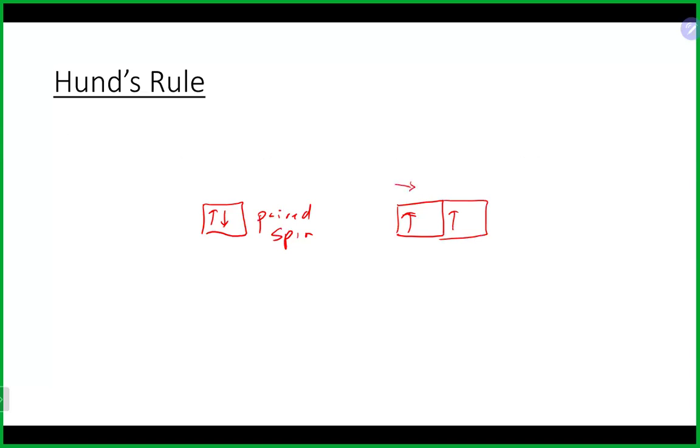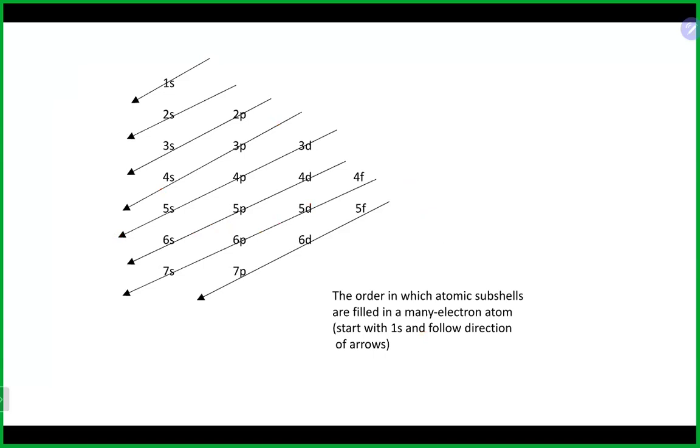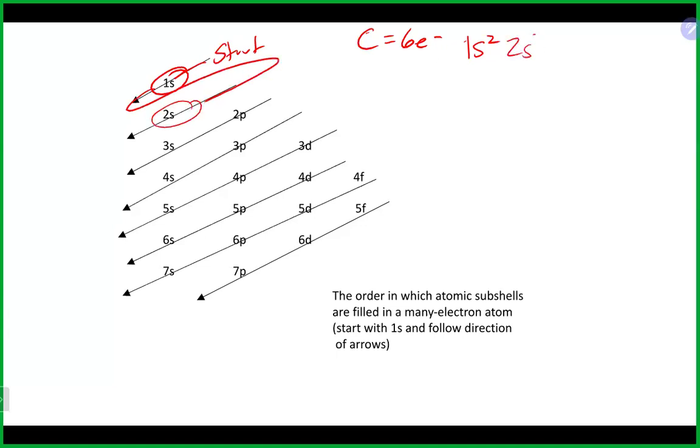So let's look at the one that we'll come across, which is carbon. Carbon is 6 electrons. Once again, starting up here, we're going to go 1s2. We're going to zigzag back and go 2s2. We're going to zigzag back and go 2p2.